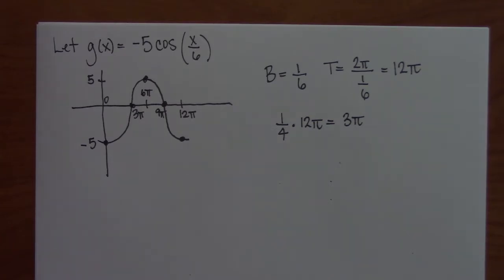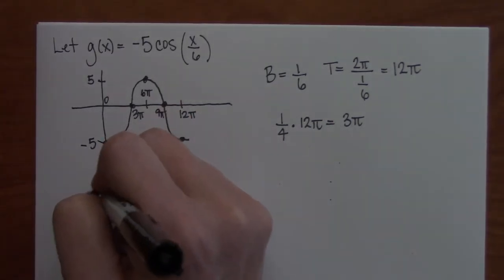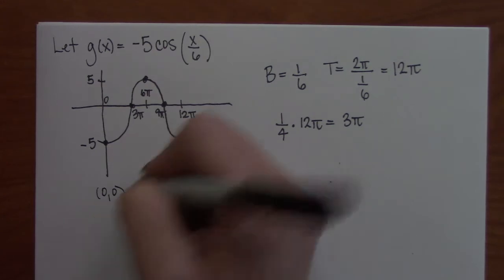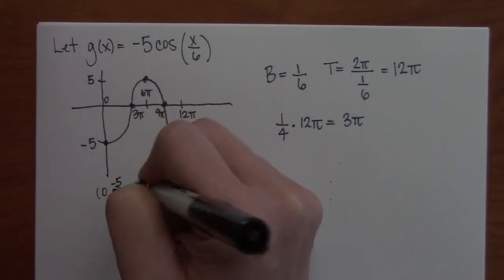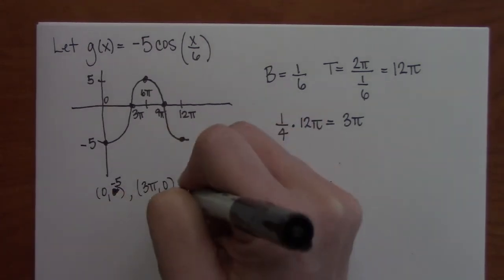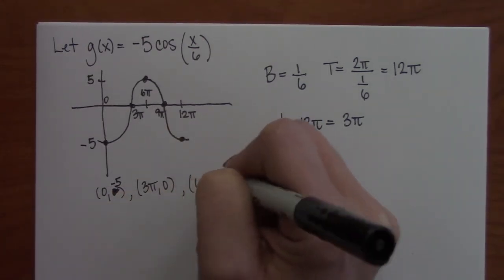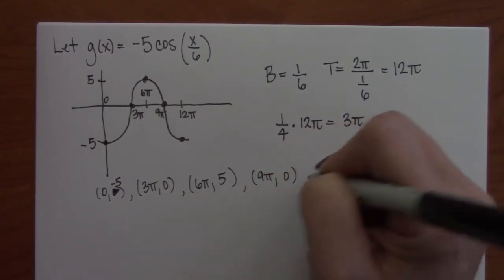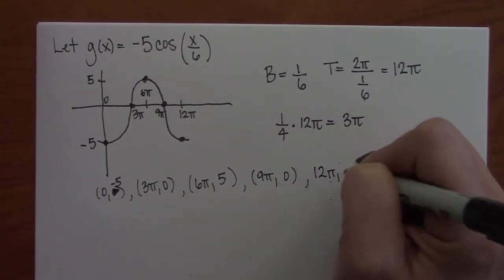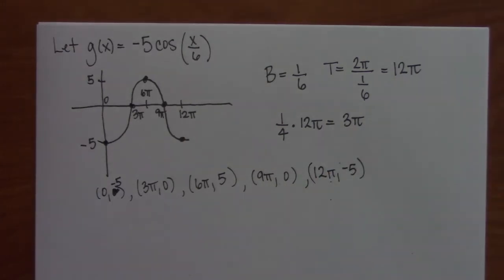So the 5 points that I would give Alex are 0, negative 5, 3 pi, comma 0, 6 pi, positive 5, 9 pi, comma 0, and 12 pi, negative 5.